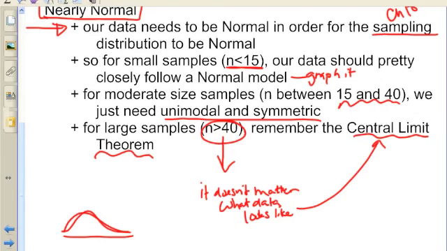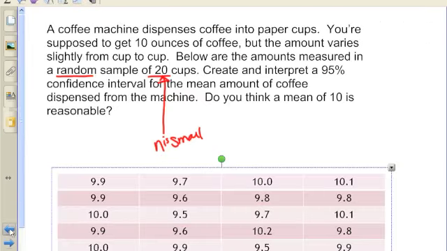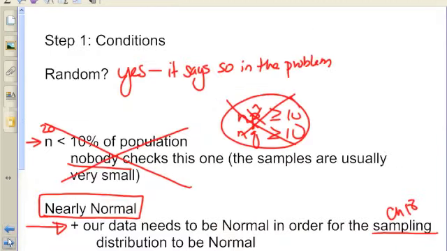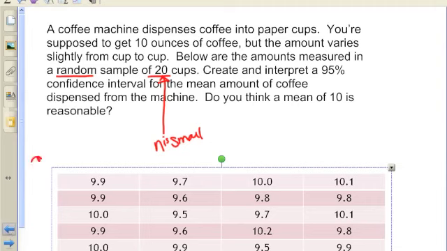All right, so let's go ahead and check our conditions for this story. We already verified that we had a random sample. I wrote that up here, check. We need to verify that it's nearly normal. We do that by actually graphing this data.